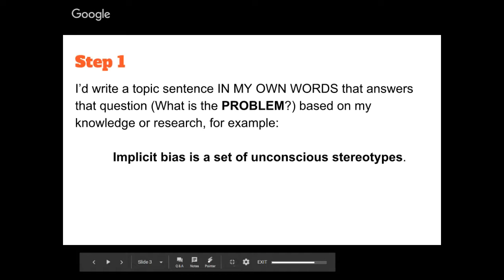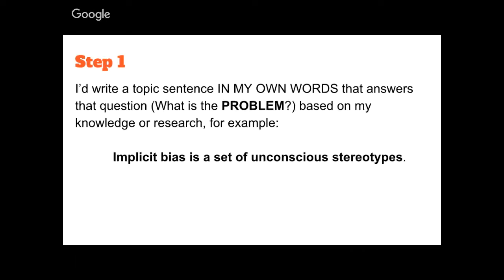I want you to just answer, well, what is the problem with implicit bias? And maybe you want to address it by defining. We do this in a number of different ways. But come up with something pretty broad, pretty all-encompassing so that you're not getting too detailed right from jump. Okay? For instance, mine was implicit bias is a set of unconscious stereotypes. Covers it all.